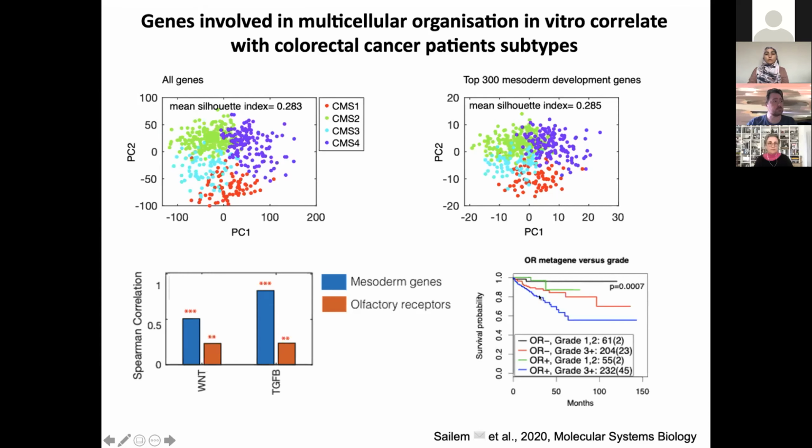And here you see, by looking at the combination of olfactory receptors as a metagene, that expression of olfactory receptors in grade 3 patients predicts worse survival. So all this suggests that we can identify genes involved in multicellular organization in vitro, and these are biologically relevant and can help us identify their role in patients.